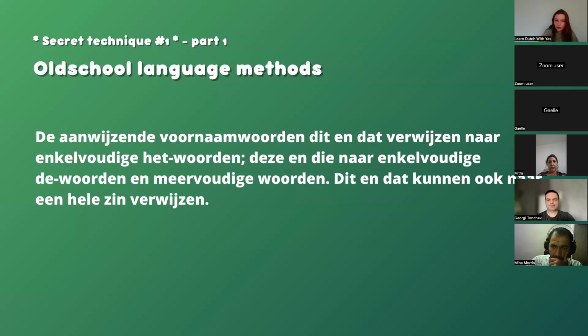Dit en dat kunnen ook naar een hele zin verwijzen. For me, this would be too long. If I would be reading this in French or in English or in any other language that I wanted to learn, I wouldn't understand anything.